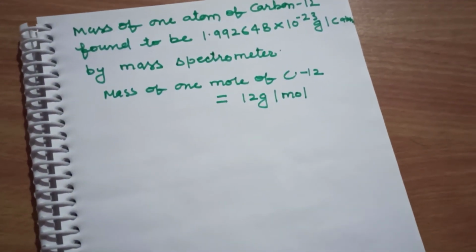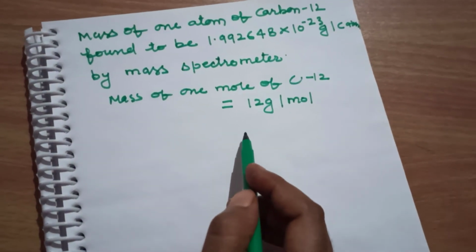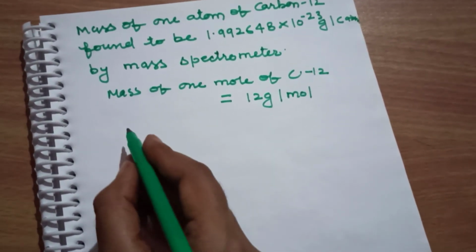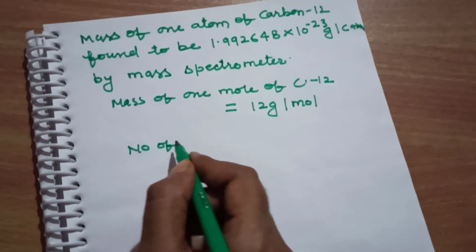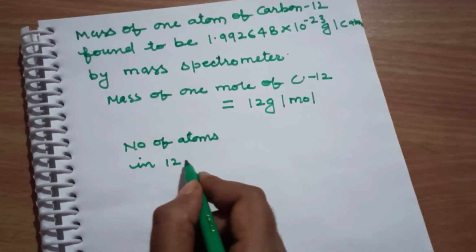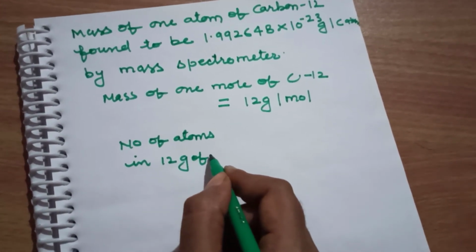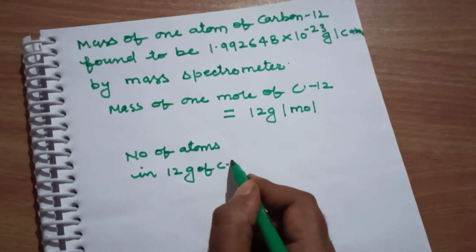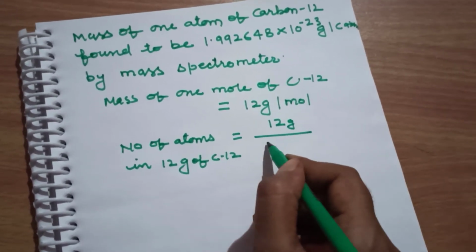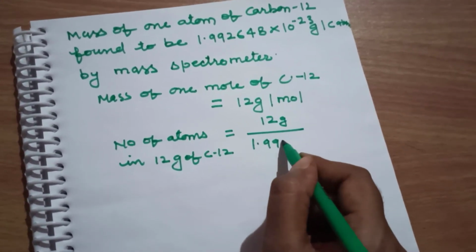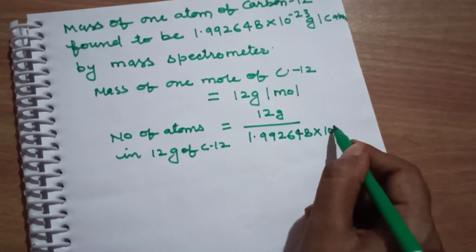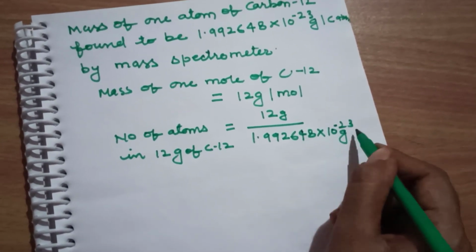To calculate the number of atoms in 12 gram, we write: number of atoms in 12 gram of C-12 equals 12 gram divided by 1.992648 × 10^-23 gram.